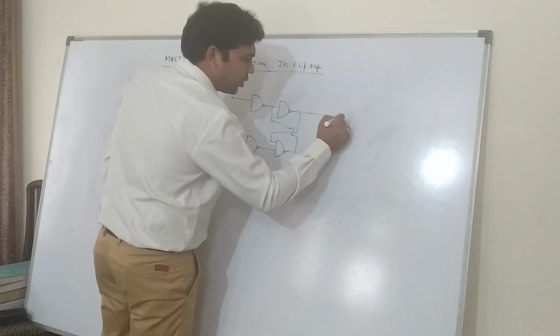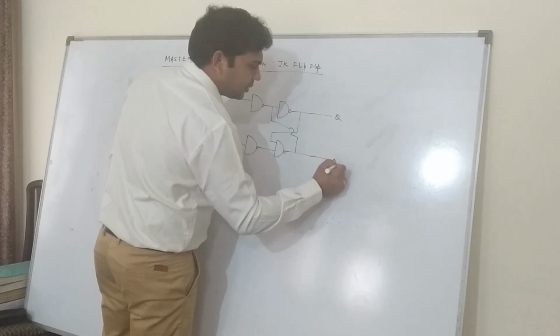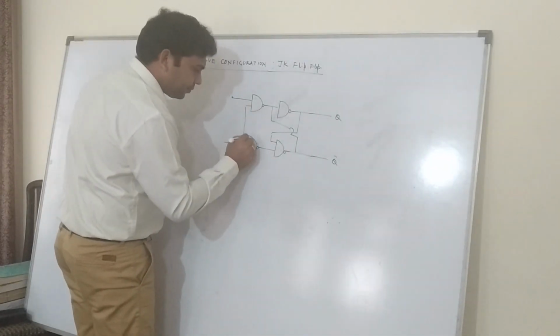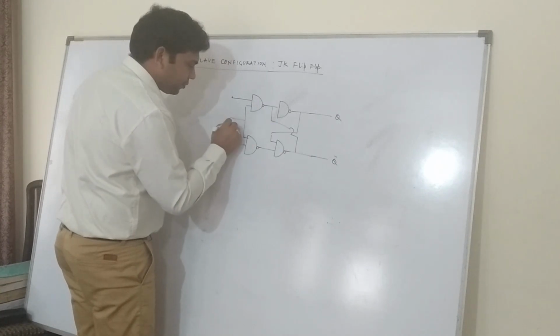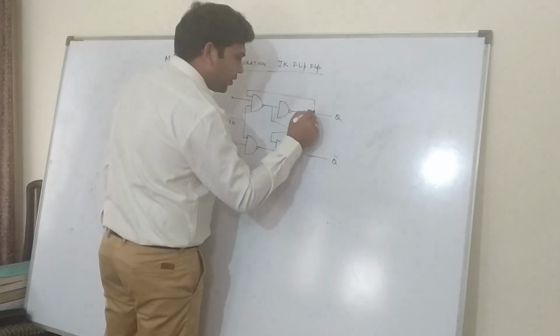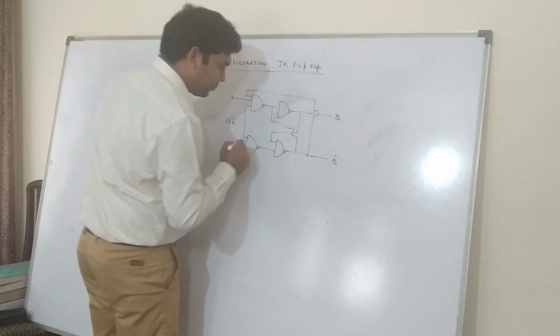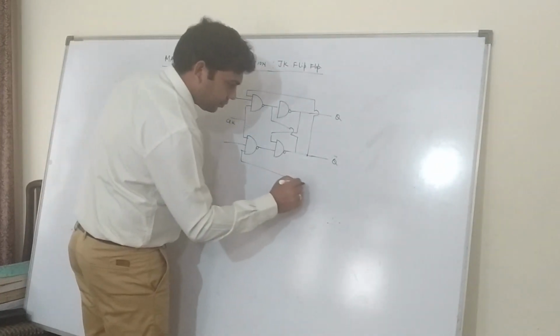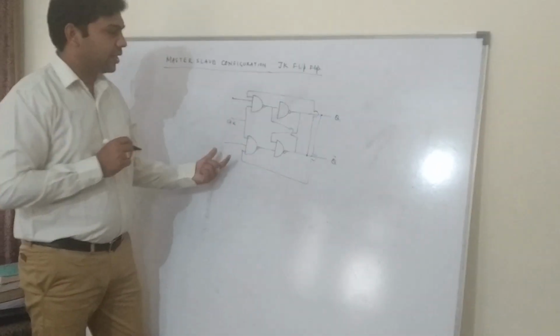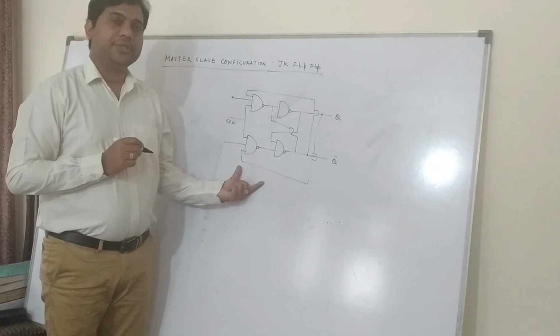This is, let's say, Q, and let's say this is Q bar. We have a clock here, and one more feedback is given like this. So this was the circuit which has a racing condition.